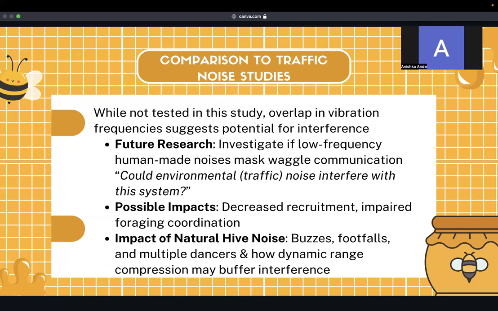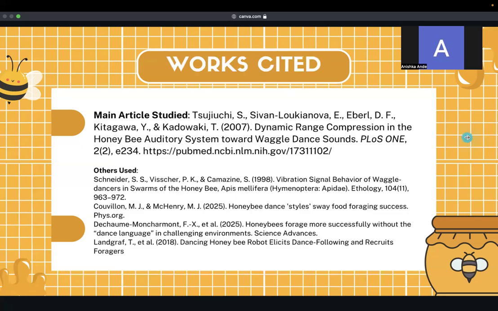The question could be: could environmental noise interfere with the system? The possible impacts are decreased recruitment and impaired foraging coordination. There is also the impact of natural hive noise, such as buzzes, footfalls, and multiple dancers, and how dynamic range compression may buffer interference. And here's my works cited.